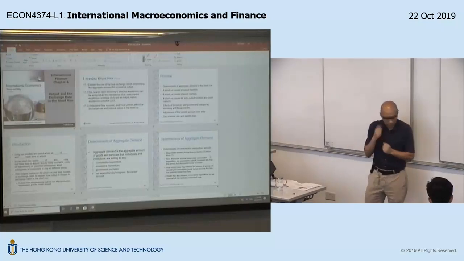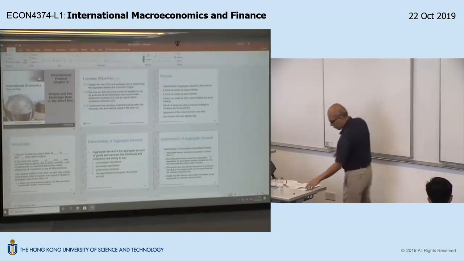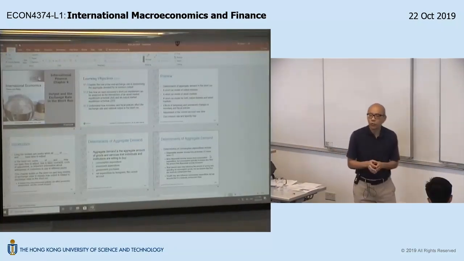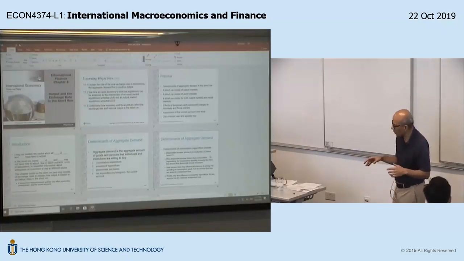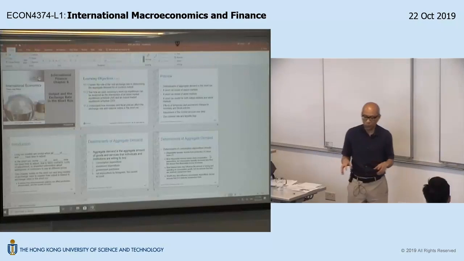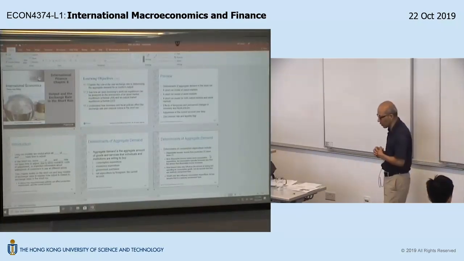So the analysis that we carry out in this chapter is particularly relevant to a country or a region where net export is a high percentage of aggregate demand.